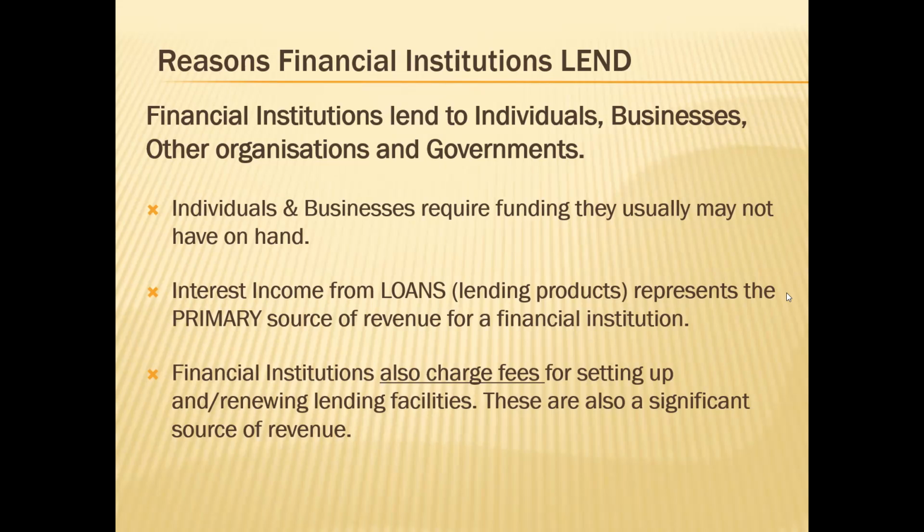So while we'll be looking at some aspects of the borrowing around businesses, what is required of them, et cetera, we really won't be getting into business loans per se. We will touch on different aspects here and there.